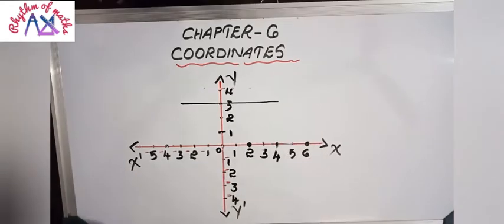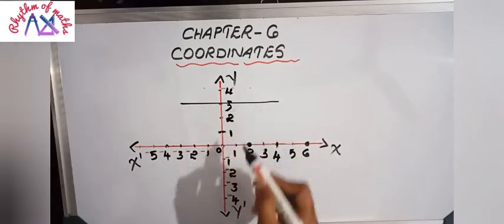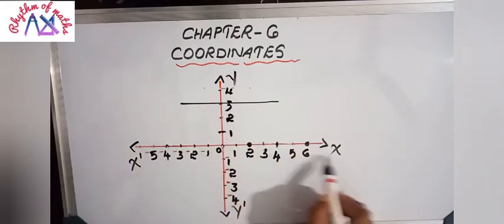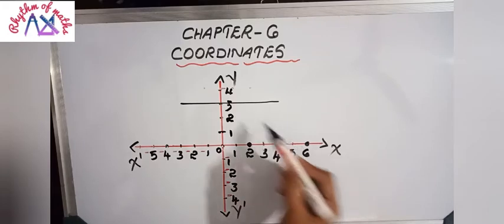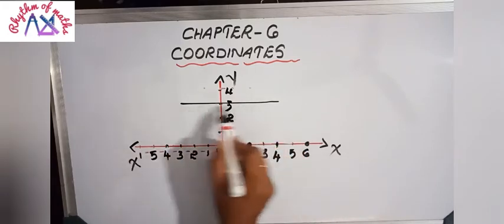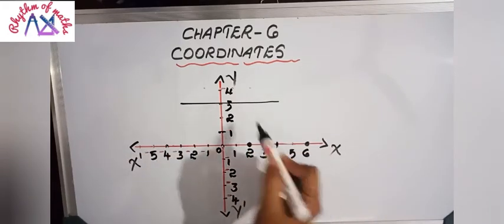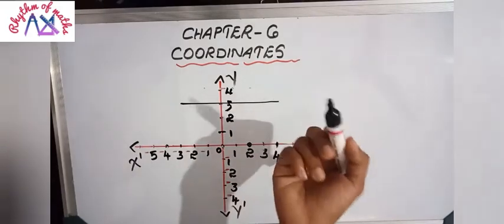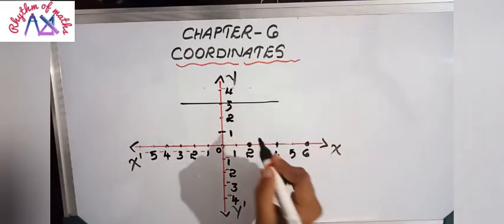Similarly, if we have a line parallel to the x-axis, this line and the x-axis are parallel. So for any point on a line parallel to the x-axis, which coordinate will be the same? Let's check.